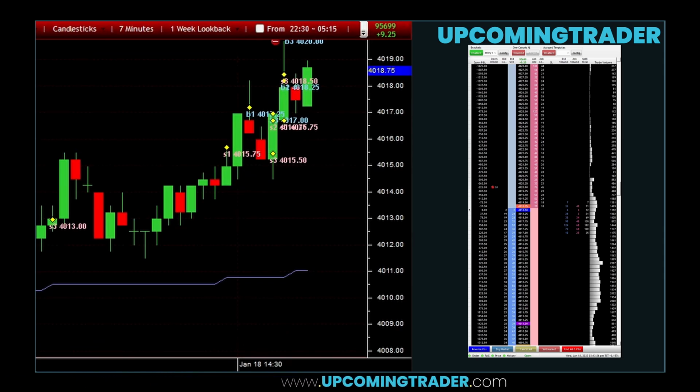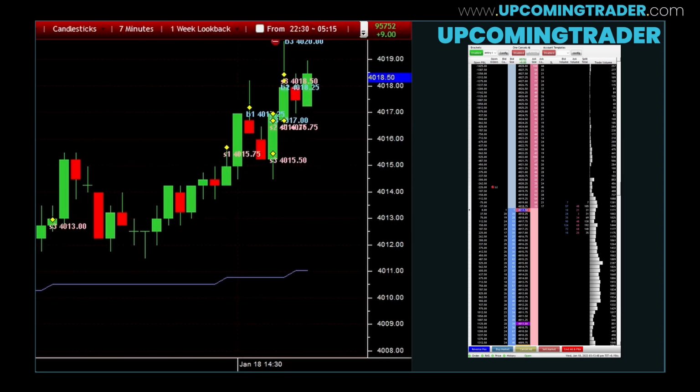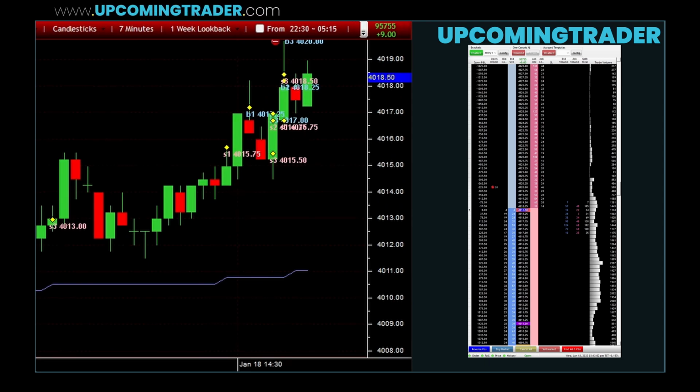Then, zooming into a smaller time frame, like a 15-minute chart, can help you pinpoint entry and exit points more precisely. This technique, often called multi-time frame analysis, can be particularly effective when combined with volume profile because it allows you to understand both the macro and micro perspectives of market activity.